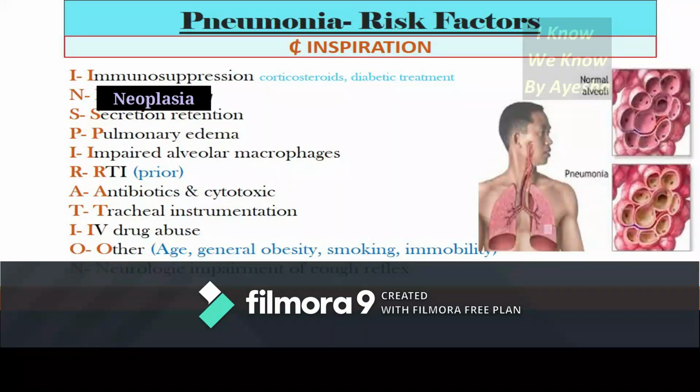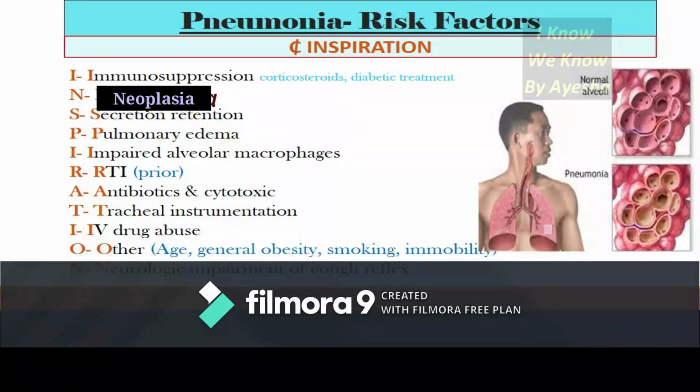The word is as follows: immunosuppression, neoplasia, secretion retention, pulmonary edema, impaired alveolar macrophages, respiratory tract infection, antibiotic and cytotoxic inhalation, tracheal instrumentation such as at the time of or after intubation, IV drug abuse, overdose taken by the patient, or recent antibiotic administration.